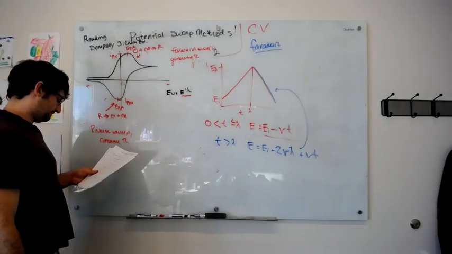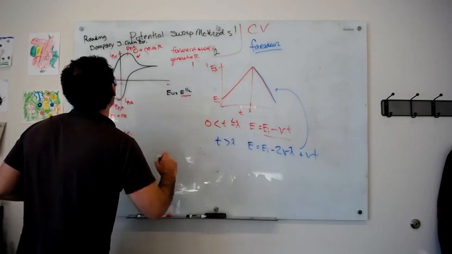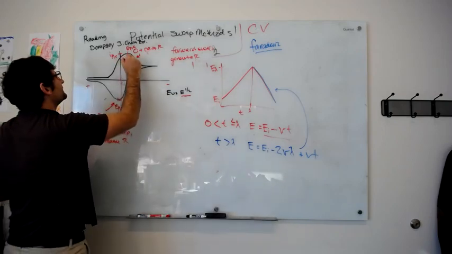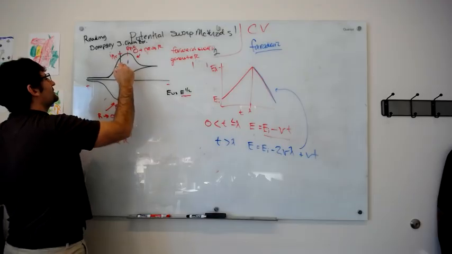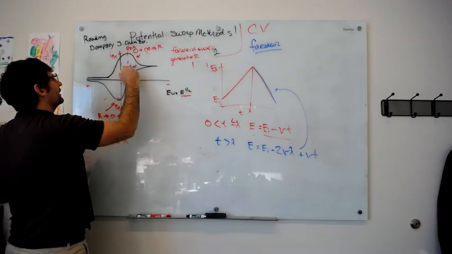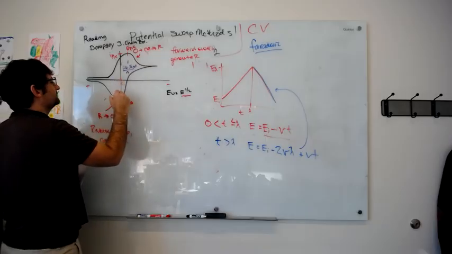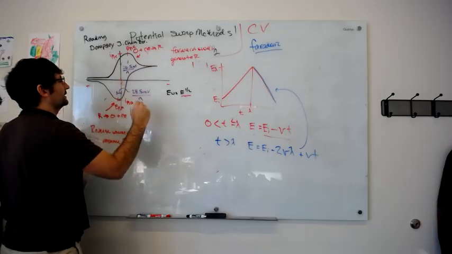And we know from our previous analysis that the distance between E1/2 and the peak potential is 28.5 millivolts over n. And it's the same on the reverse scan as well, approximately.